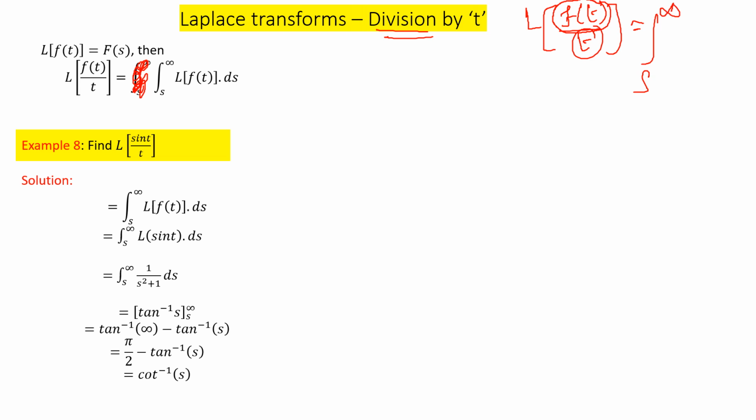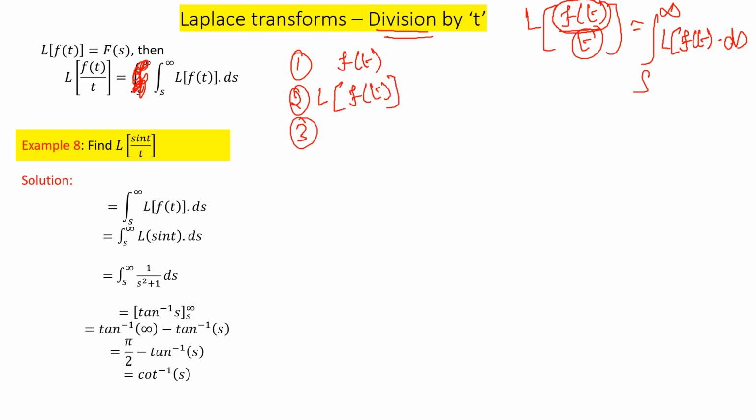Integral s to infinity L of f of t into ds. That means in step number 1, you have to write f of t. Step number 2, you have to take Laplace transform of f of t, and step number 3, you perform the integration with respect to s.